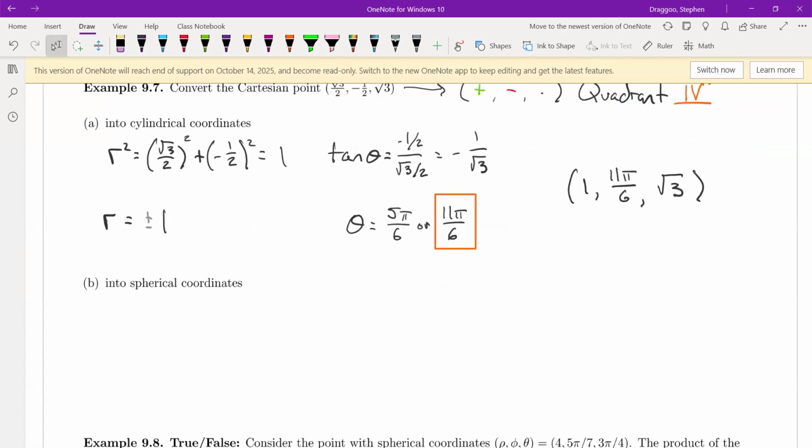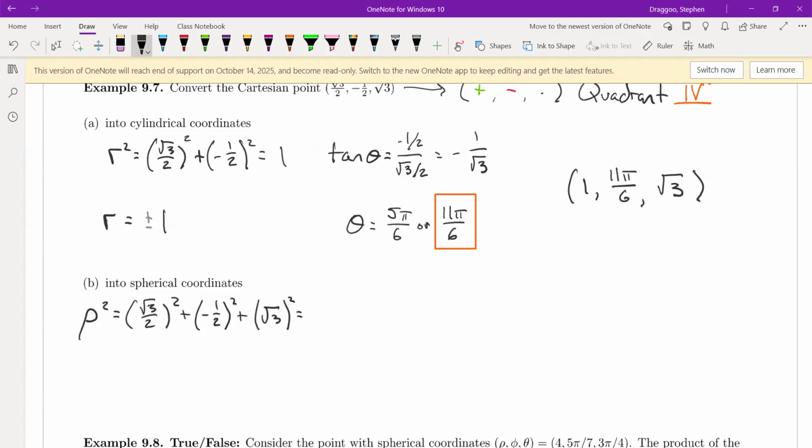Then, if I want to transform this thing into spherical coordinates, relatively similar process. I'm looking at rho squared is going to be equal to x squared plus y squared plus z squared. So root 3 over 2 squared plus negative 1/2 squared plus root 3 squared.